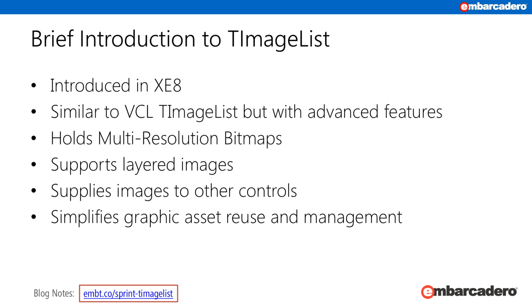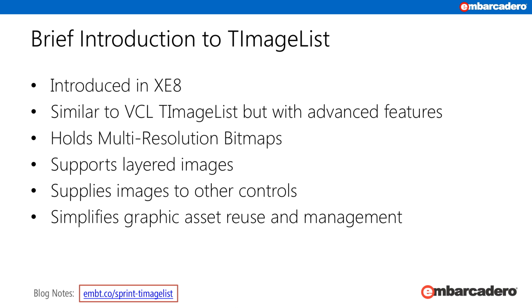But fundamentally, what a TImageList does is it is a non-visual component that provides images to other controls. Other controls like buttons or menu items can reuse these images. So the TImageList simplifies graphic asset reuse and management. It makes it easier for you to reuse the same graphic across multiple controls.